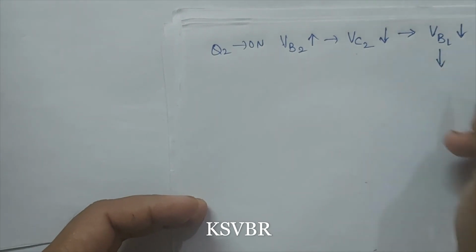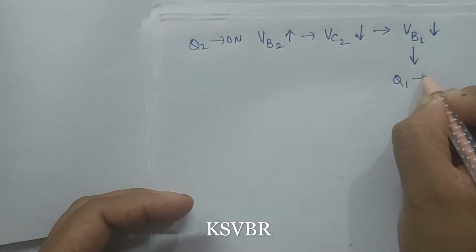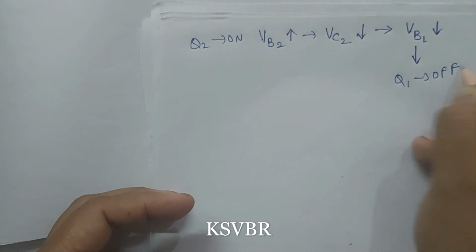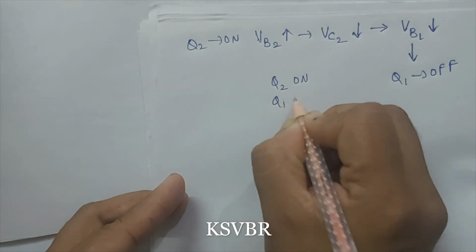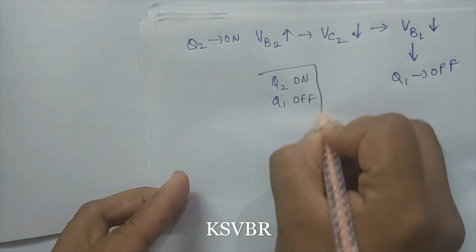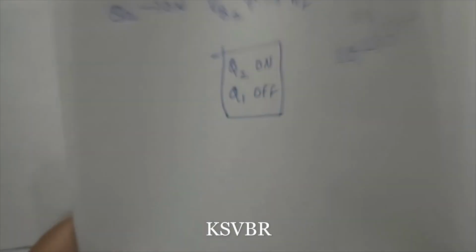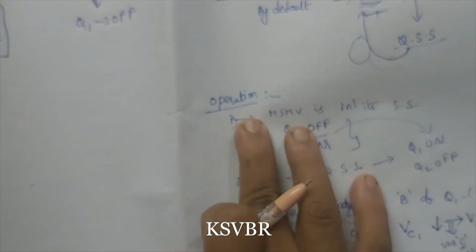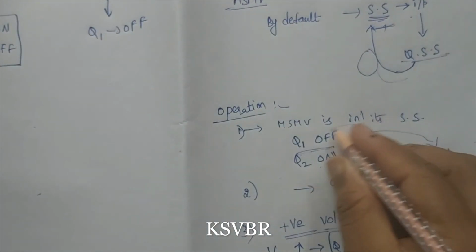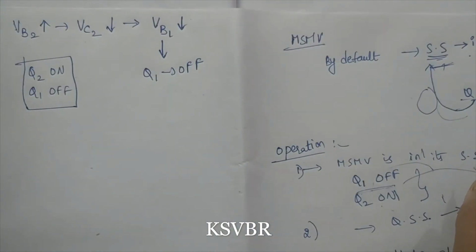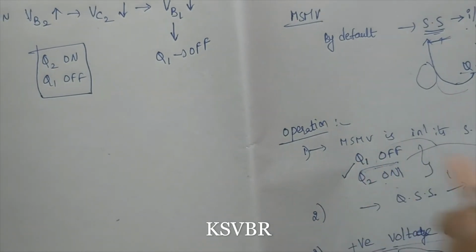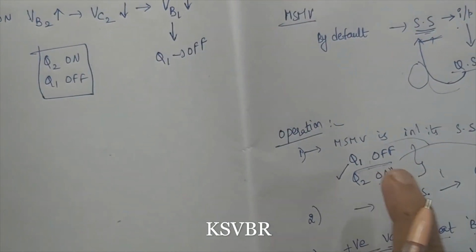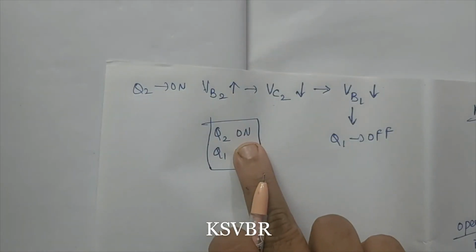When VB1 decreases, it makes Q1 transistor go into off state. Again we have achieved Q2 on and Q1 off, which is nothing but our first stable state. It was here, it moved into the quasi-stable state, and now it came back into the stable state.